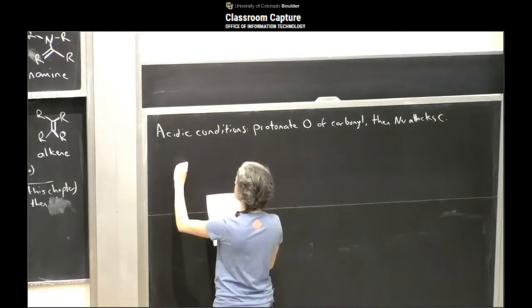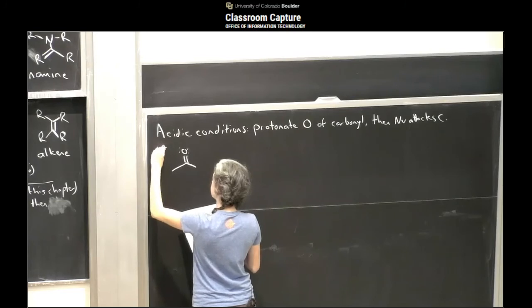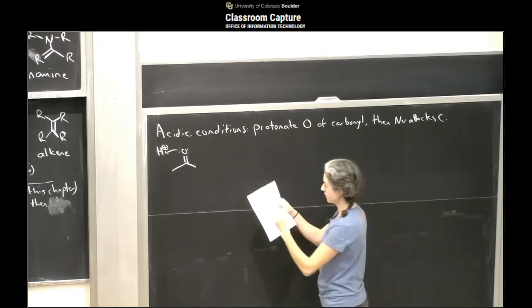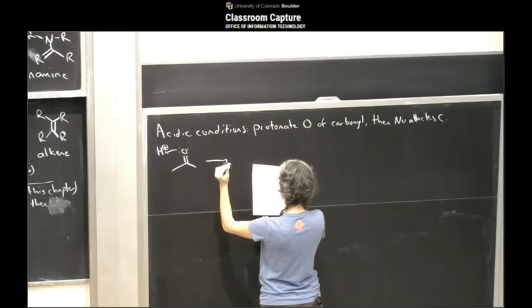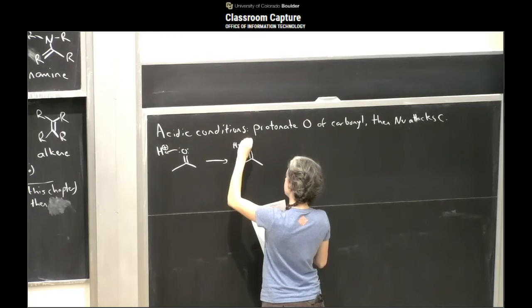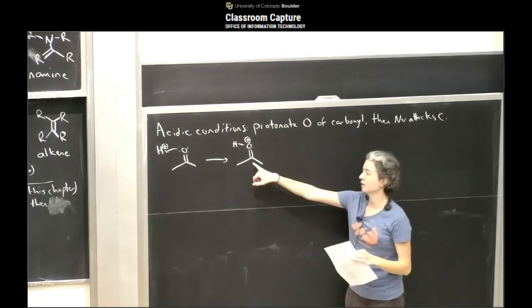So that might look like, go pick up a proton with your carbonyl, and now, again, similar to epoxide ring opening, you've made this thing look a lot more attackable.